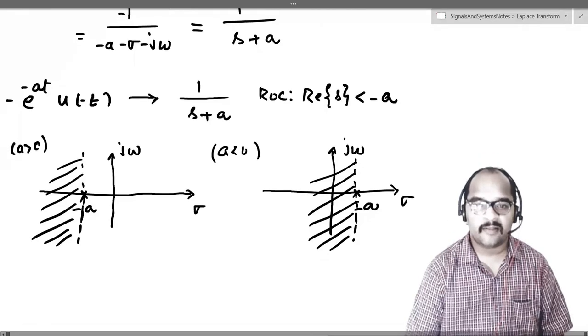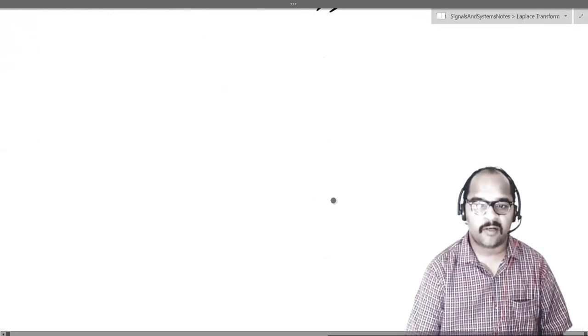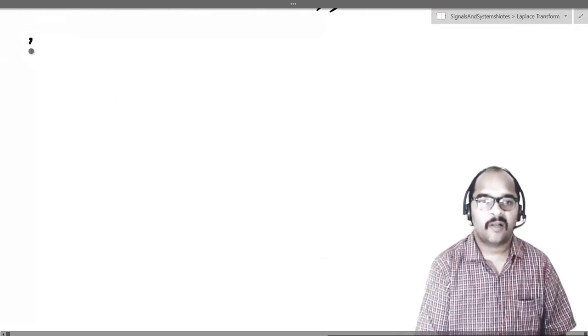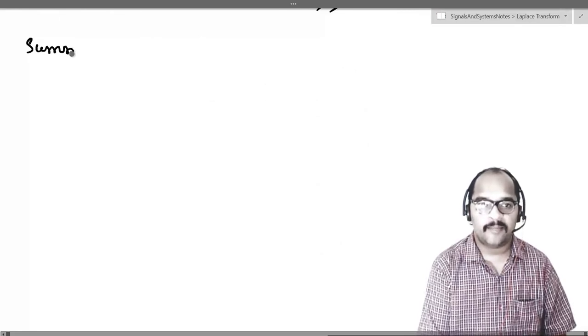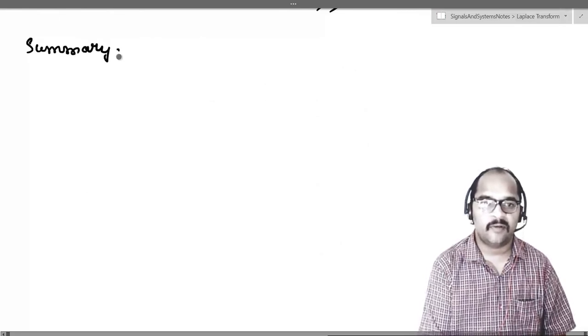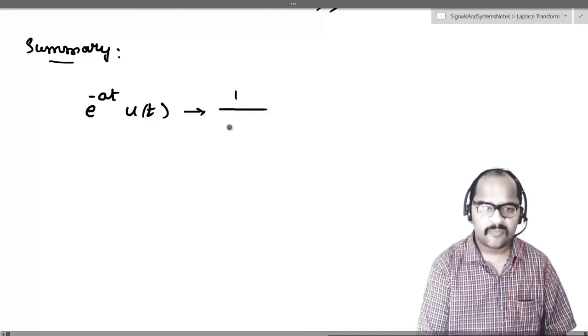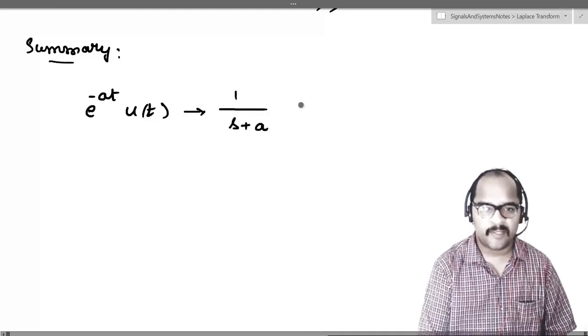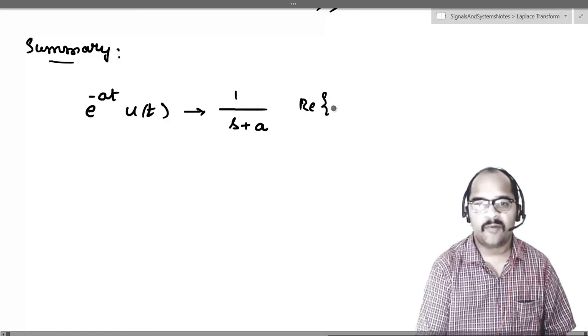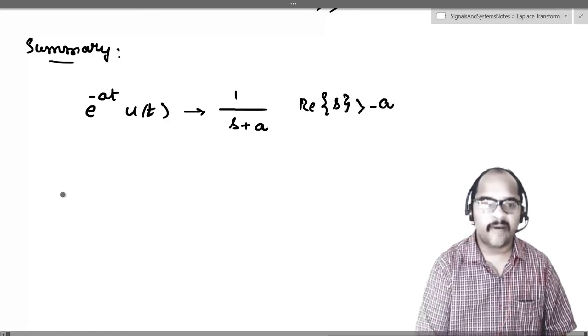Okay, so let us summarize now what we have got completely. Last two examples, let us summarize. They are very important, that's why. What is it that we have got? e power minus a t u of t will have 1 by s plus a as the Laplace transform, and the ROC is real part of s greater than minus a.